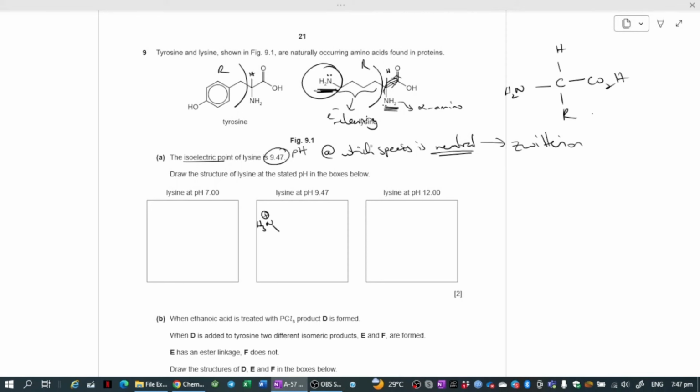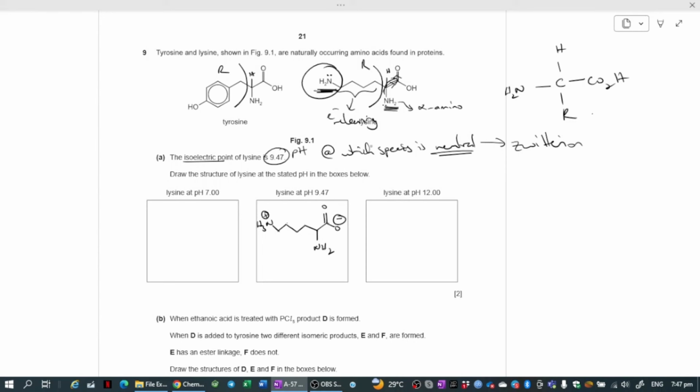So, 1, 2, 3, 4, 5, NH2, COO minus, right? It's an equal number of positive and negative charges. 1, 2, 3, 4 carbons in between, right? Good. What happens at pH 7?